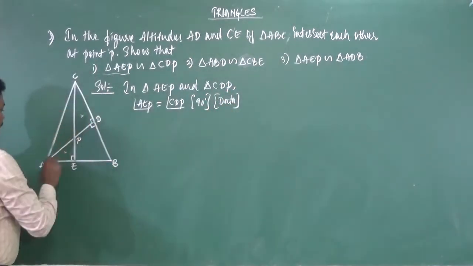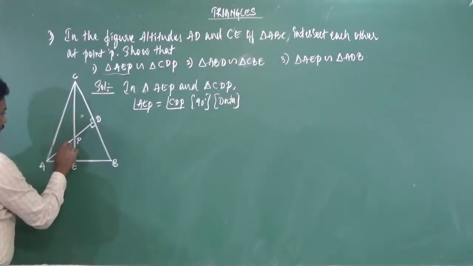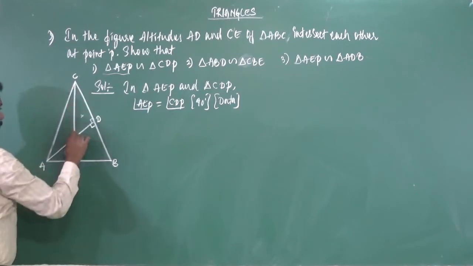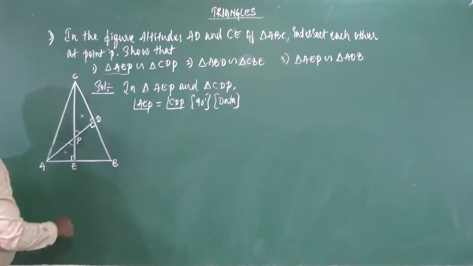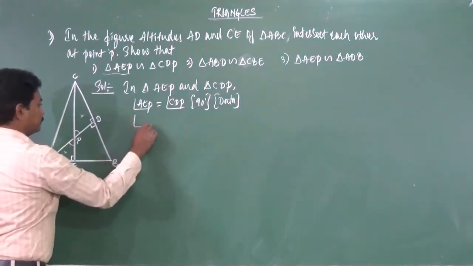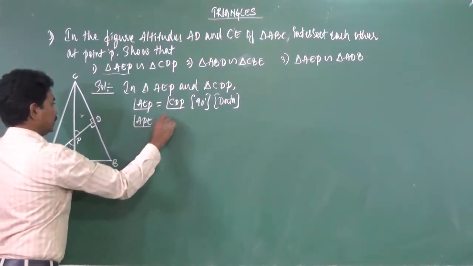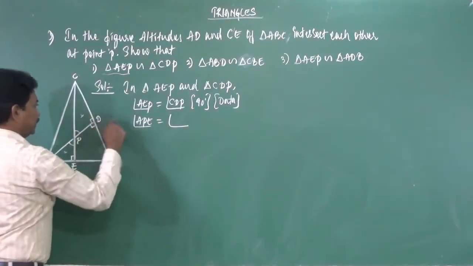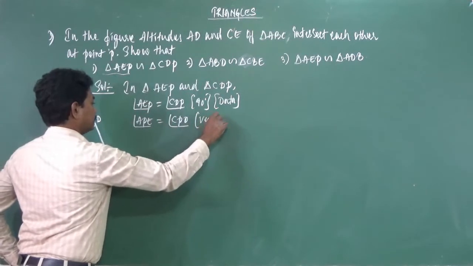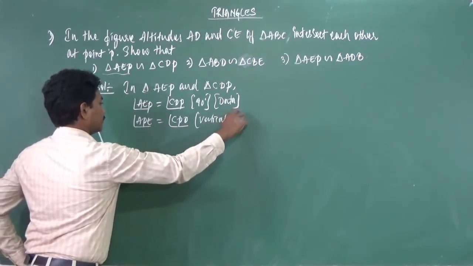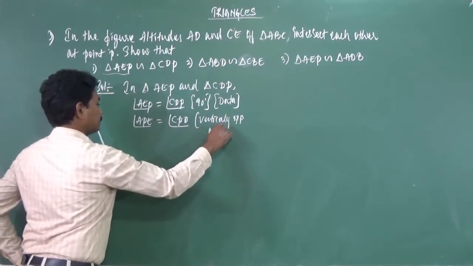Right. Next, angle APE is equal to angle CPD, because they are vertically opposite angles. So angle APE is equal to angle CPD. Reason is vertically opposite angles.